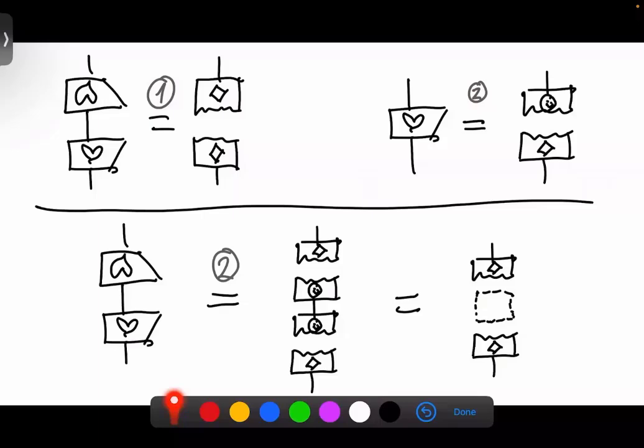So why? Here, by number 2, this gets separated, right? So this is just replacing each of the hard boxes with the value that corresponds to it according to number 2. And then this is just a preparation and measurement. This corresponds to nothing.